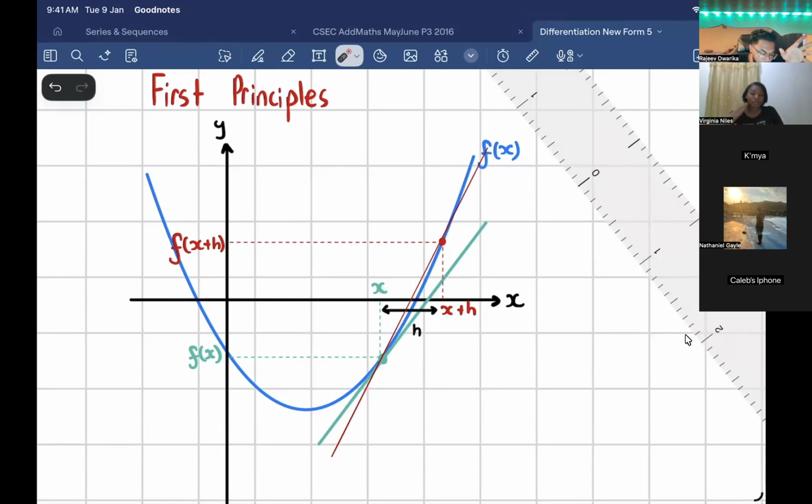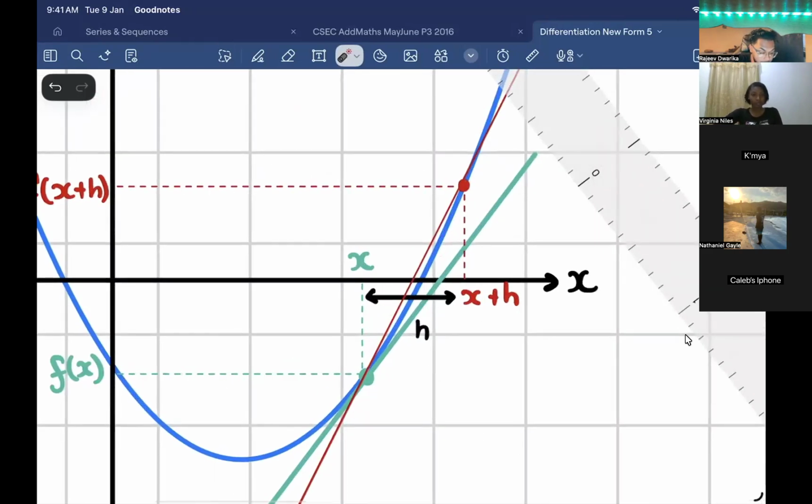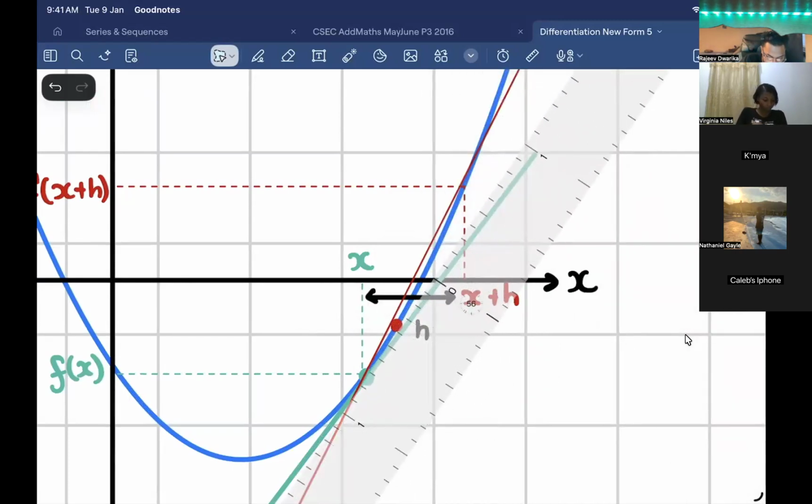Kamaya, do you agree that it wouldn't be this gradient here? If you find it, it wouldn't be 100% accurate, right? It might be close to this, but it wouldn't be exact. Now I want to look at a phenomenon. Kamaya, if I took this point and brought it closer to the green point, let's see what happens to the approximate gradient.